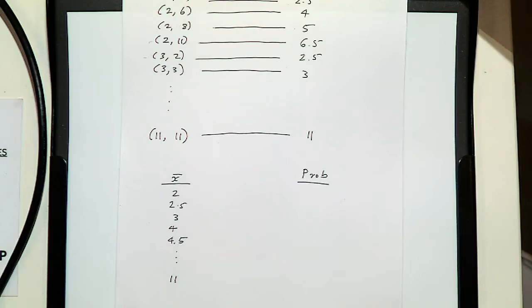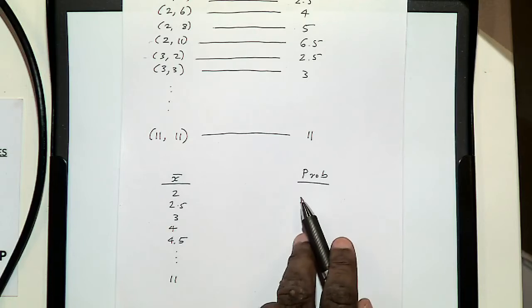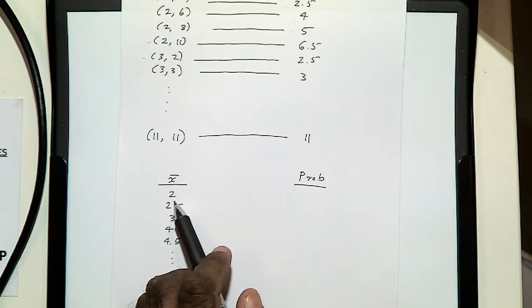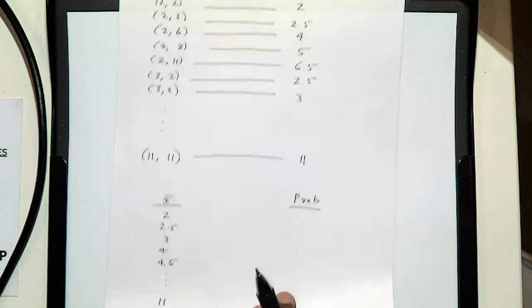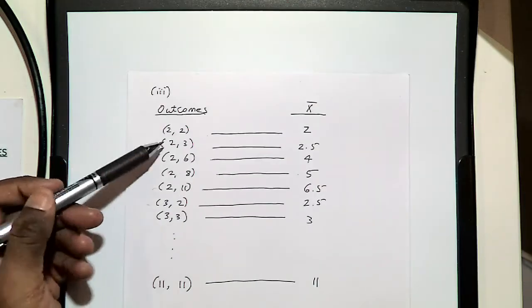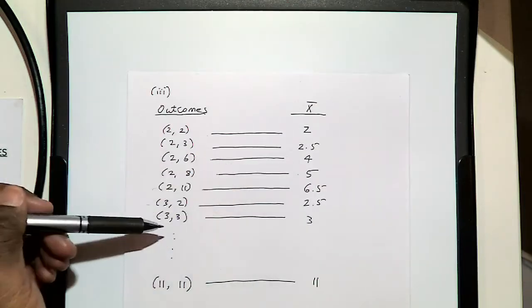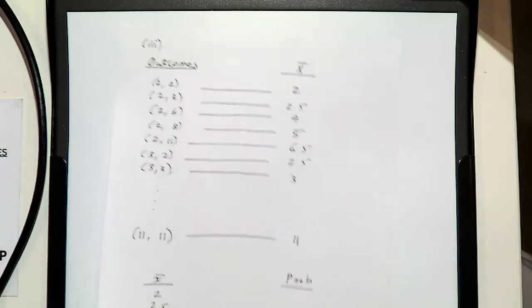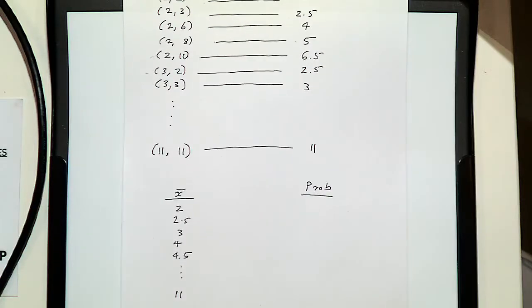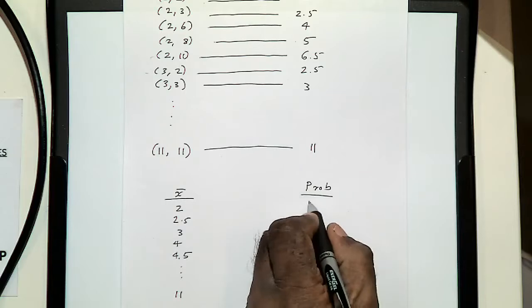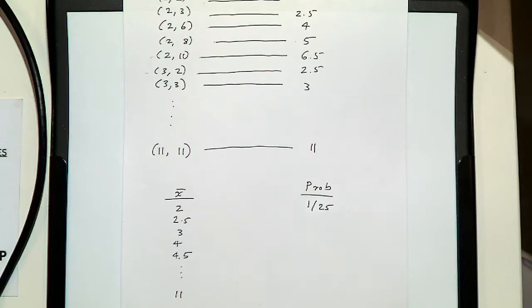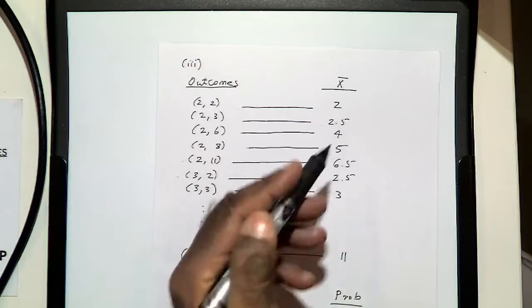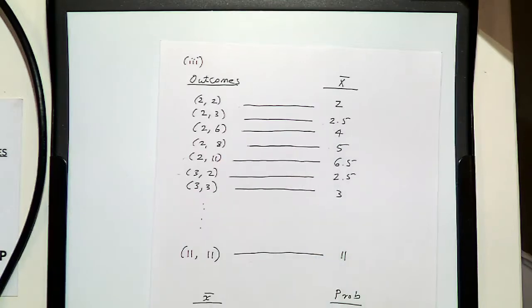To find the corresponding probability, you need to count how many. For example, to find the probability that x bar is 2, you go back to this table and count how many of the outcomes in the first column correspond to x bar being equal to 2. You will see there is only one of these 25 outcomes that corresponds to x bar being equal to 2.